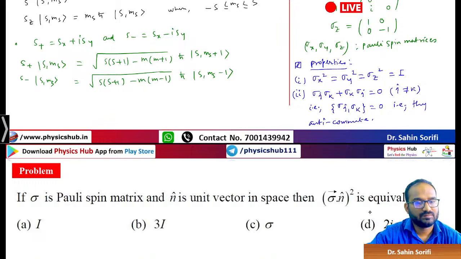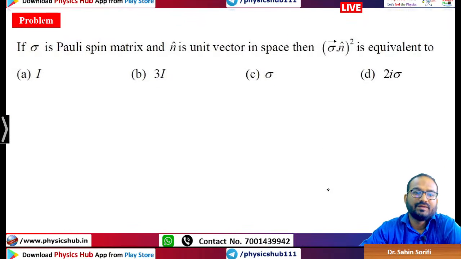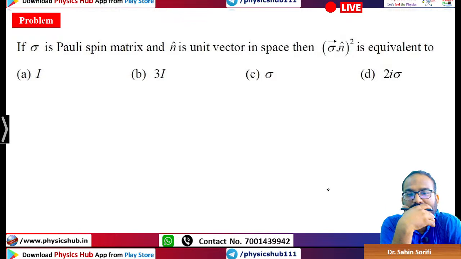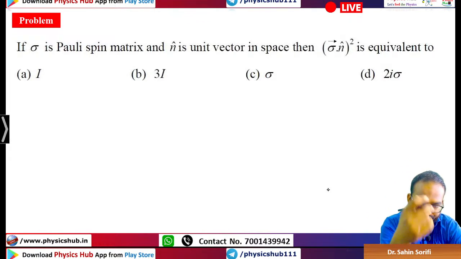We'll explore some other properties, but before that, let's solve this problem. If sigma is a Pauli spin matrix and n is a unit vector in space, then (sigma dot n cap) square is equivalent to what?